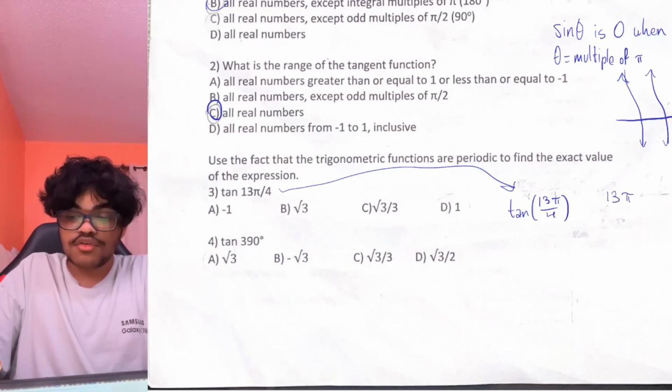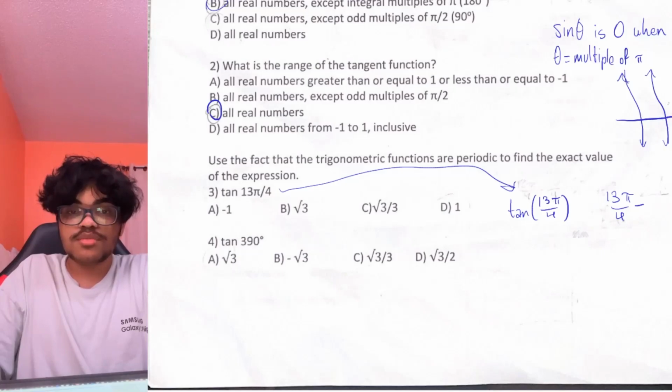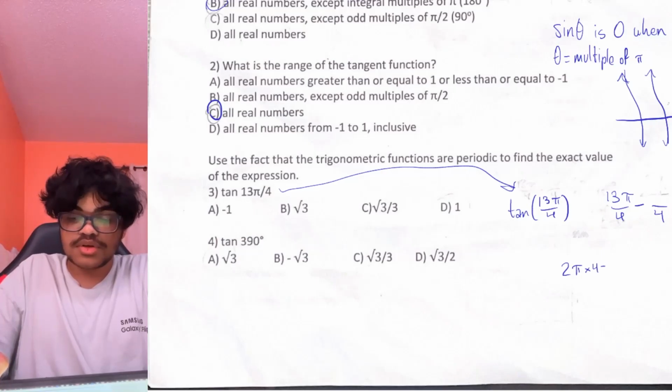So 13 pi over 4 minus 2 pi. Now to subtract 2 pi from this fraction, we have to make sure the denominators are equal. So we can do that by having the 4 down here, and then multiplying 2 pi times 4, which is equal to 8 pi. So then we can rewrite 2 pi as 8 pi over 4.